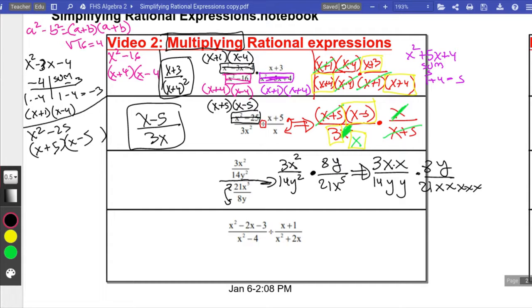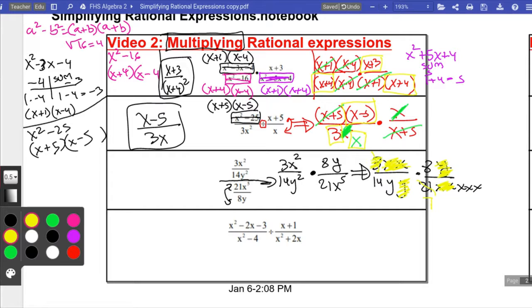All right, let's cancel. What do we have to cancel? Well, I can cancel these 2 x's with these 2 x's. I can cancel this y with this y. I can cancel the 3 with this 3. Then I have 7 left here.